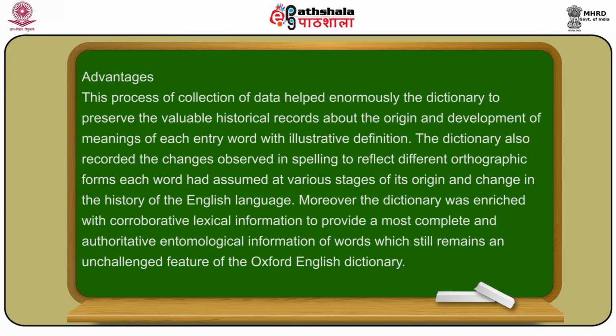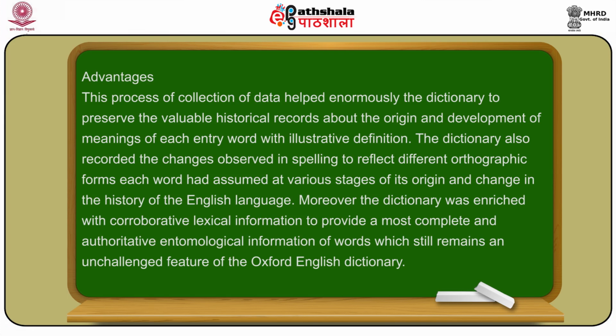Moreover, the dictionary was enriched with corroborative lexical information to provide the most complete and authoritative etymological information of words, a property which still remains an unchallenged feature of the Oxford.